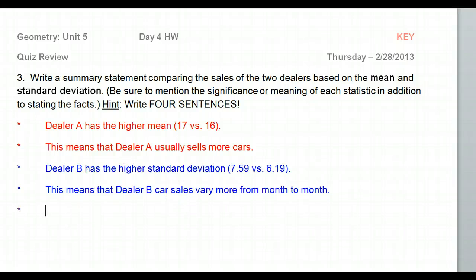But I could have also said it from the perspective of the lower one. So I could have said it this way instead. This is optional. We're finished, but I could have said dealer A has a lower standard deviation.